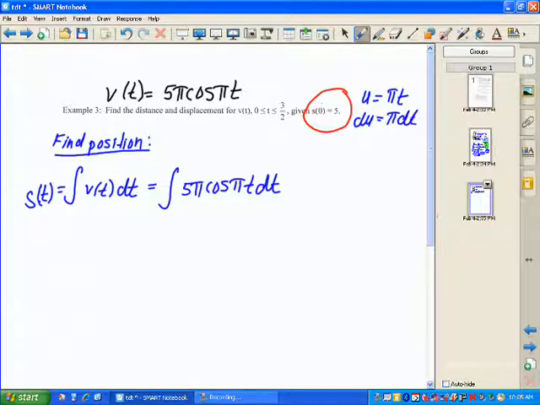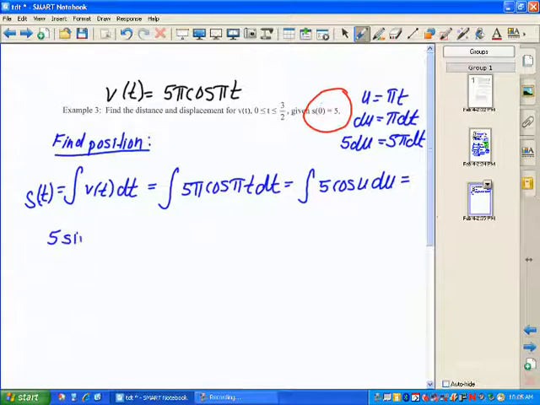Only feels like the 10th time. Okay. So 5 cos u du. Okay, here we go. 5 sine u plus c. That's my position equation.